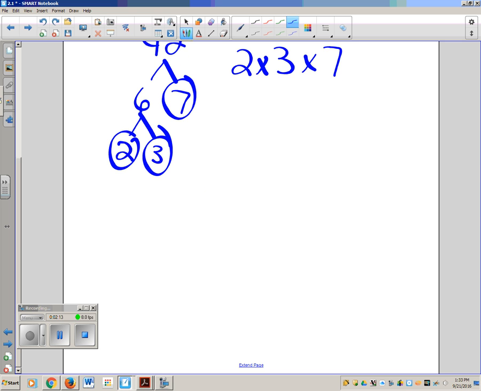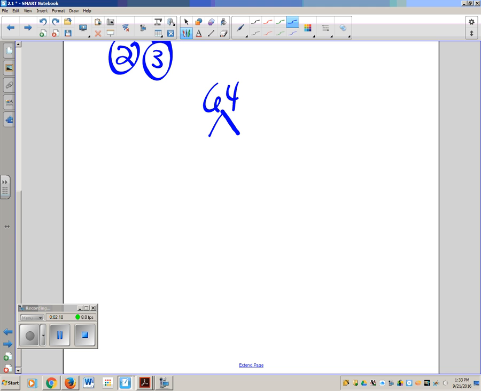Let's try 64. Factors of 64. Paige, give me 2 factors of 64. 8 and 8. Both of those are composite numbers. Put branches under those. Jordan, give me factors of 8.